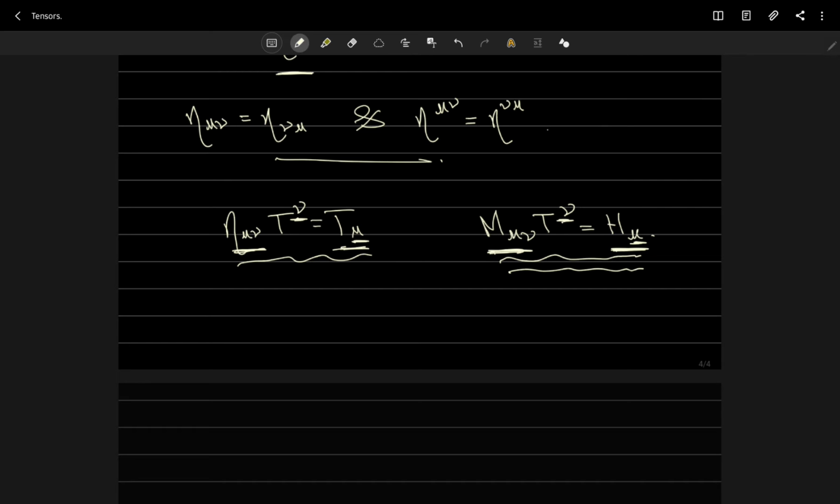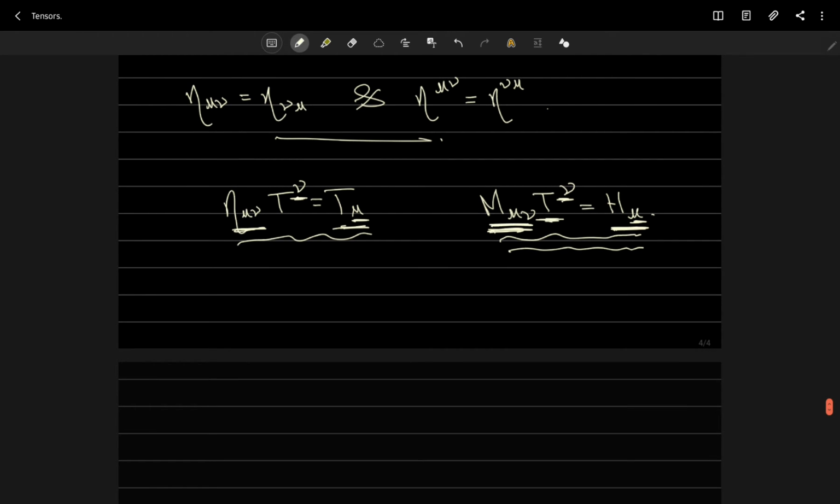The tensor has changed, right? So this thing is not the dual of this thing. That's very important to note. For a general tensor like this one, M mu nu, the above result is actually a different quantity.